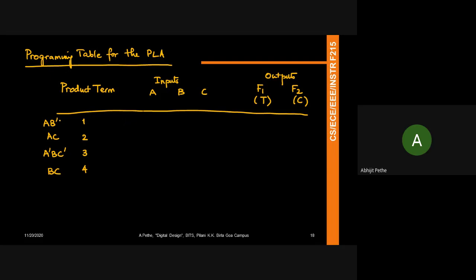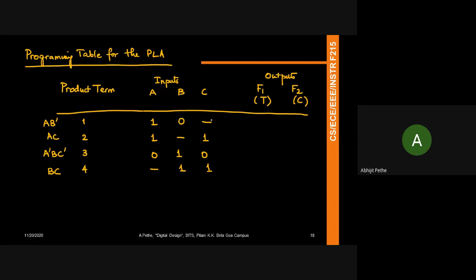And so the programming table says that if you take the inputs, the way you generate AB prime is to take the true value of A, take the complement value of B, don't use C. To generate AC, take the true value of A, don't take B, take the true value of C. Similarly, logic for A prime B C prime is take the complement of A, take the true value of B, take the complement of C. And finally for BC, don't care about A, take the true value of B, take the true value of C, right? So this table tells you how you're generating the 4 product terms, right?